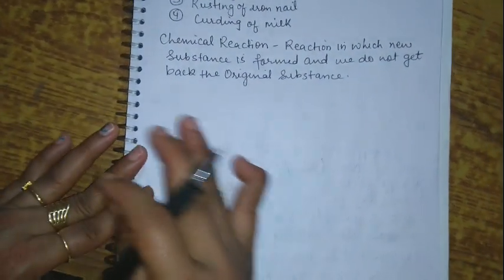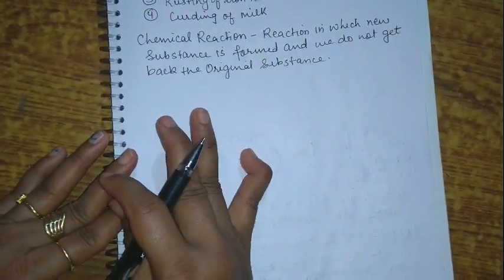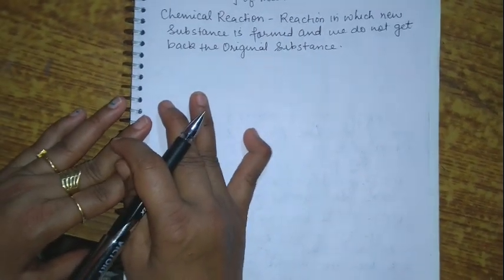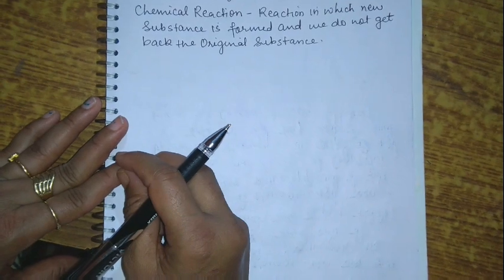Now, जब ये chemical reactions होते हैं तो आप कैसे पता करेंगे कि आपके सराउंडिंग जो रिएक्शंस हैं वो केमिकल रिएक्शंस हैं या नहीं.